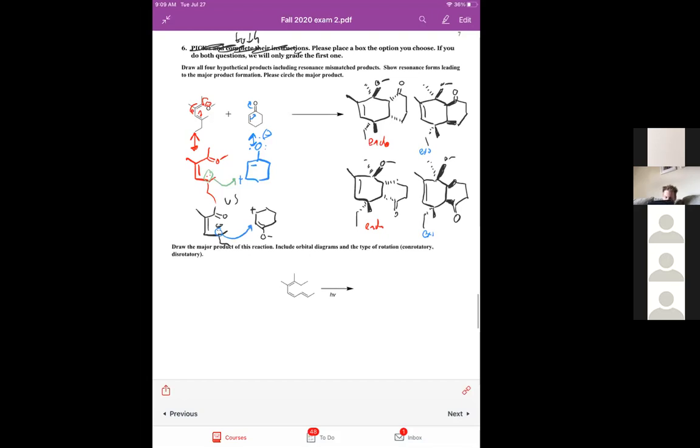So this is going to be misaligned. You always want to have that negative come in and attack where your positive is. So because of that, your major product should be this endo here.